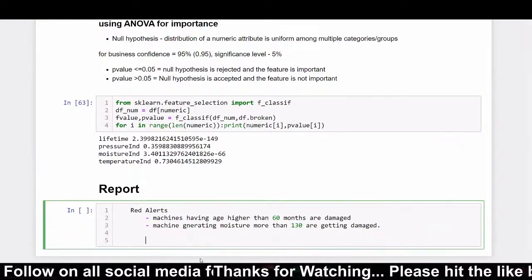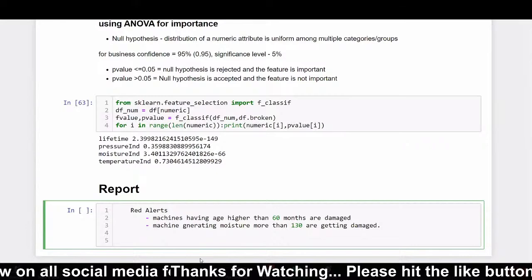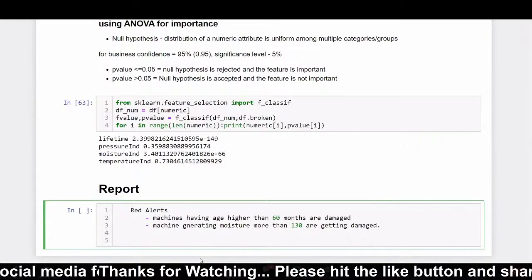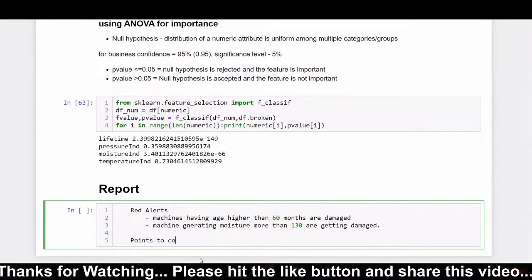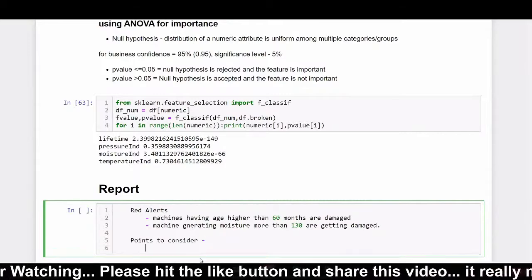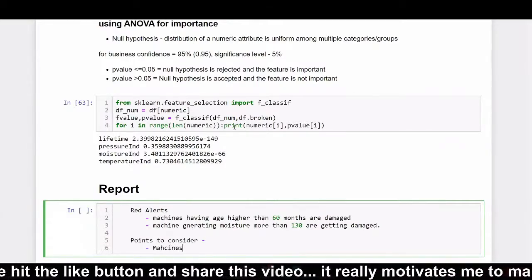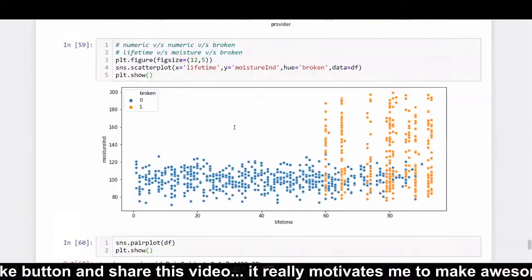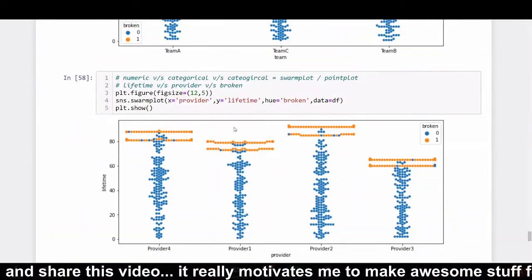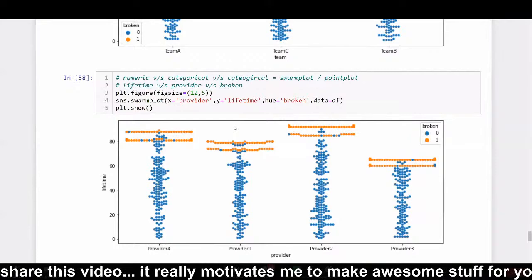We can also say a few noteworthy points to consider. Machines produced by provider 3 are the least qualitative, and provider 2 are the most qualitative.